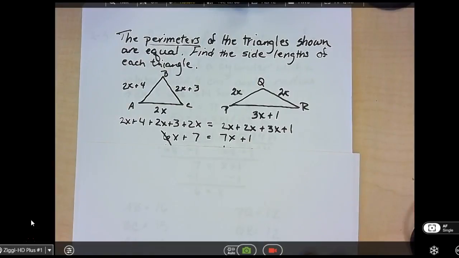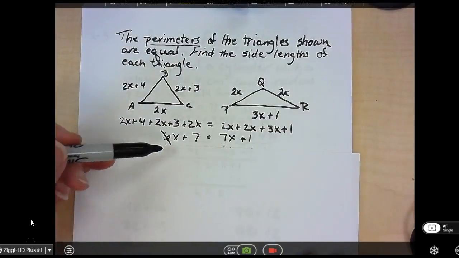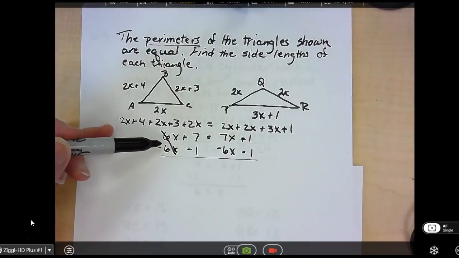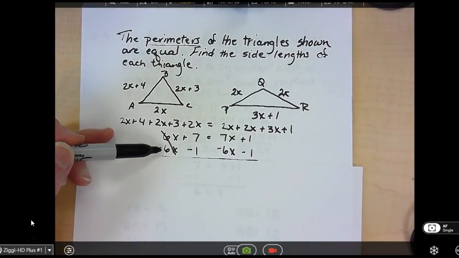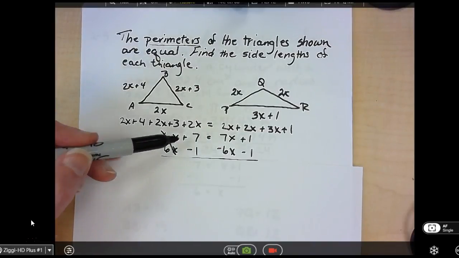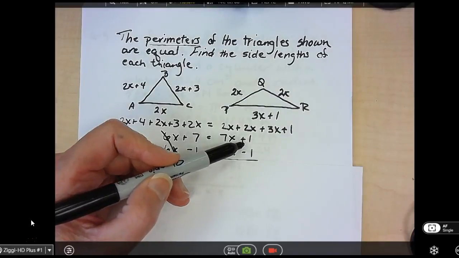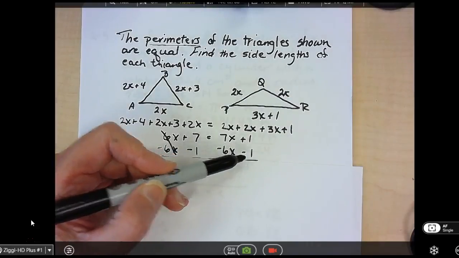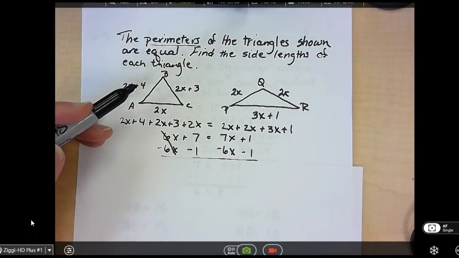Now we go about solving. I'm going to move the smaller variable term. So 6x minus 6x cancels. And then I want to cancel out the 1. So I subtract 1 to move it over to the left side so that they remain equal.